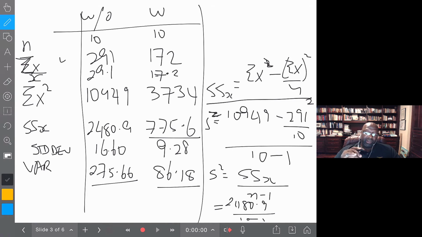Now if we look at the standard deviations, it suggests that the standard deviation is much higher for the case without tracking systems.